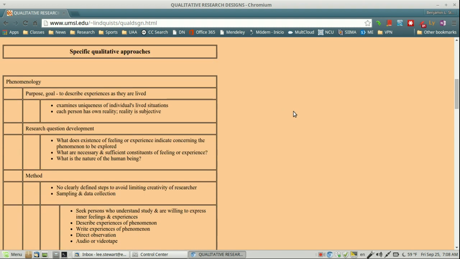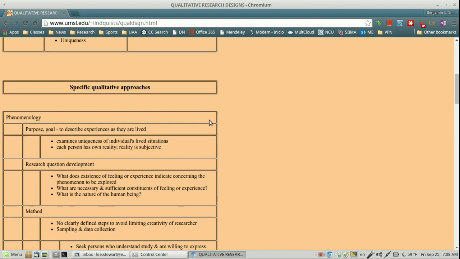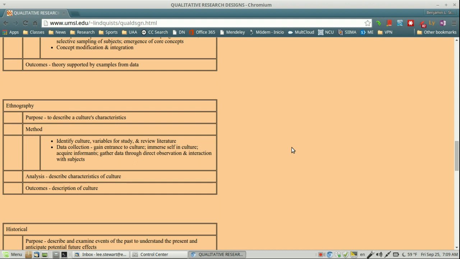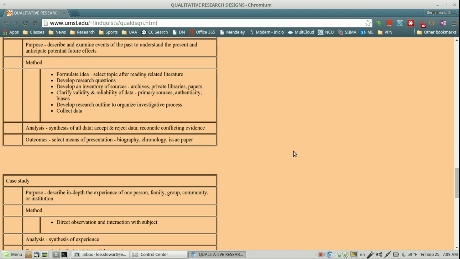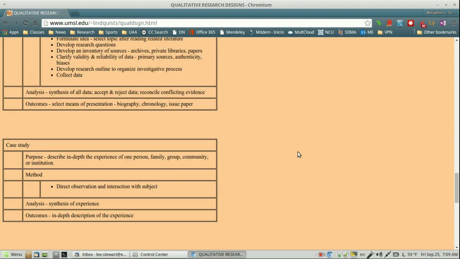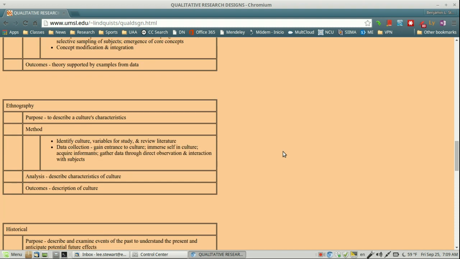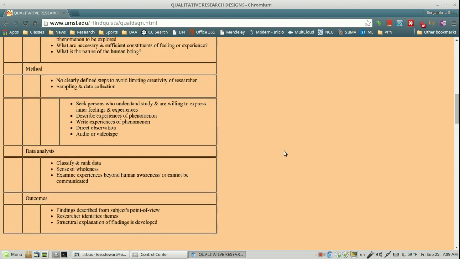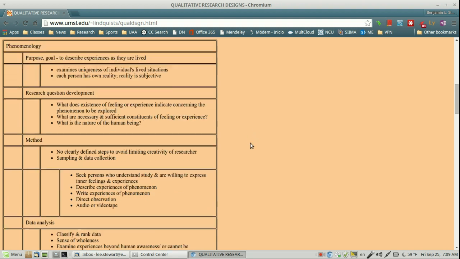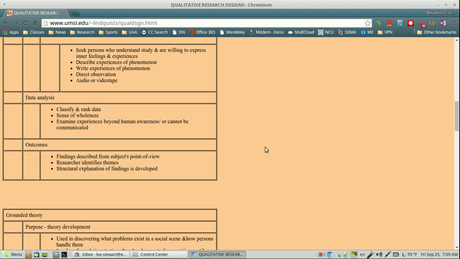We can view here basically 4 types of qualitative research designs: phenomenology, grounded theory, ethnography, historical, case study. Actually, there are 5 listed here. You're probably going to be doing a case study. Most students do a case study, and not really these other types. A phenomenological study is also quite common.